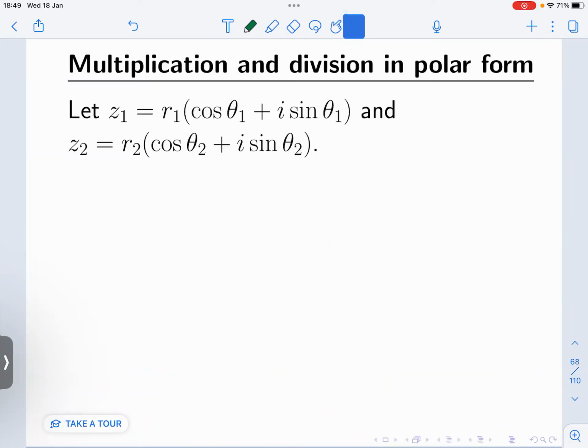And then, like we said, all the basic operations like addition and multiplication will still hold. So we're going to show how to determine multiplication of complex numbers in polar form. The first complex number is defined as r1 cos theta 1 plus i sin theta 1. And the second complex number is given as r2 cos theta 2 plus i sin theta 2.